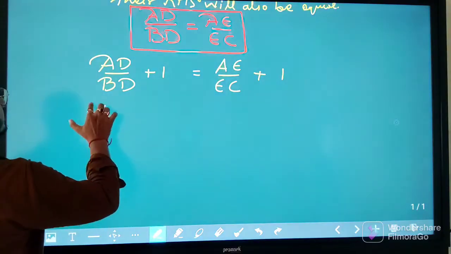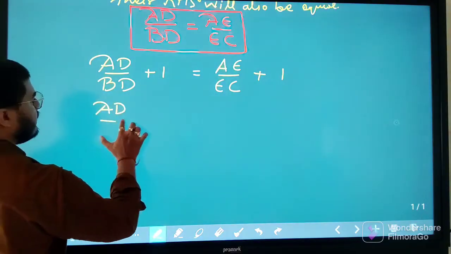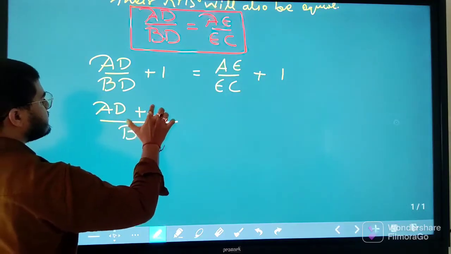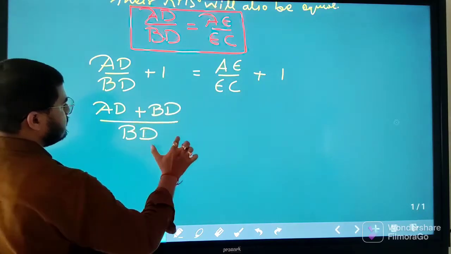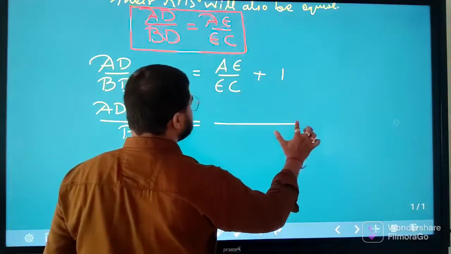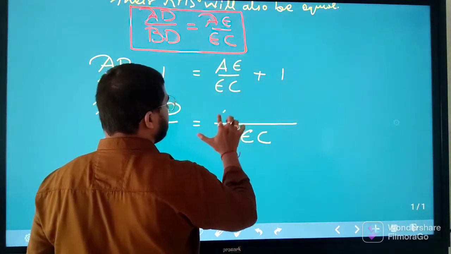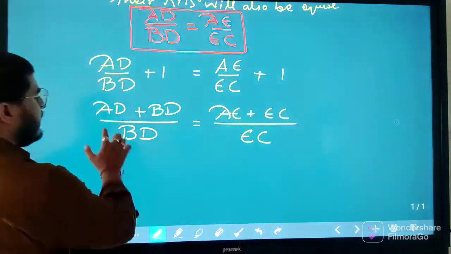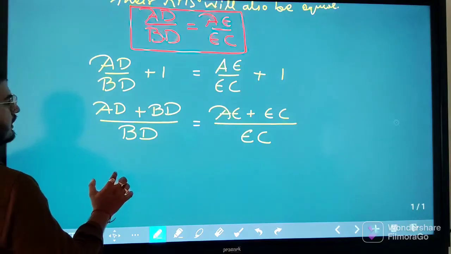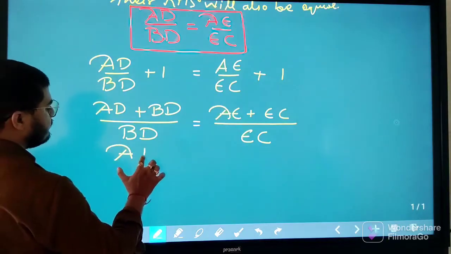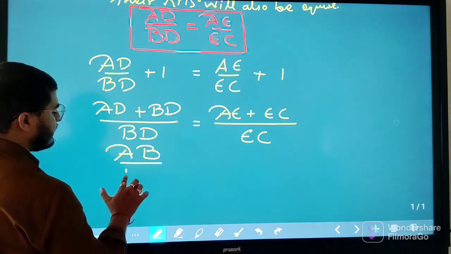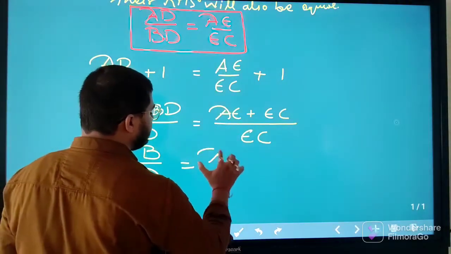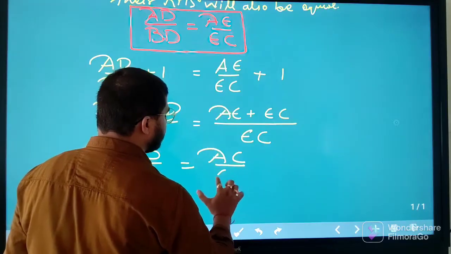Taking the LCM, BD will become the LCM here, and we will get AD plus BD, and here EC will be the LCM, and we will get AE plus EC. So AD plus BD will be AB, the entire side, and AE plus EC will be AC, the entire side.